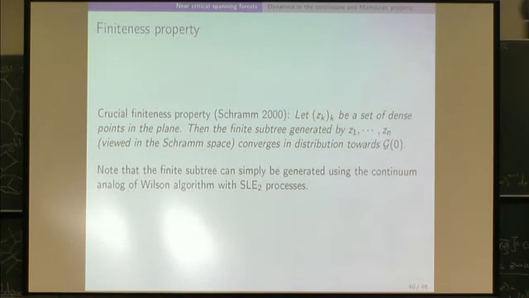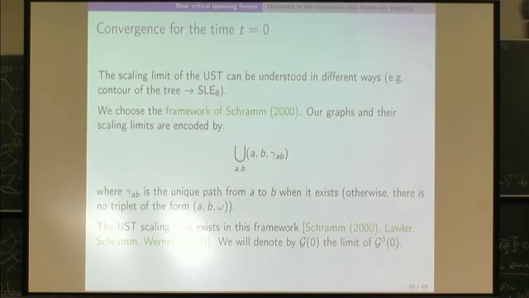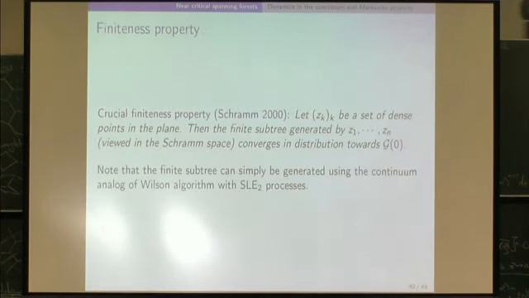There is a crucial property about this continuum uniform spanning tree, a finiteness property which was used by Schramm in 2000, which basically says the following: if you take a countable dense set of points in the plane, then you can generate a finite subtree using the first n points of this set.